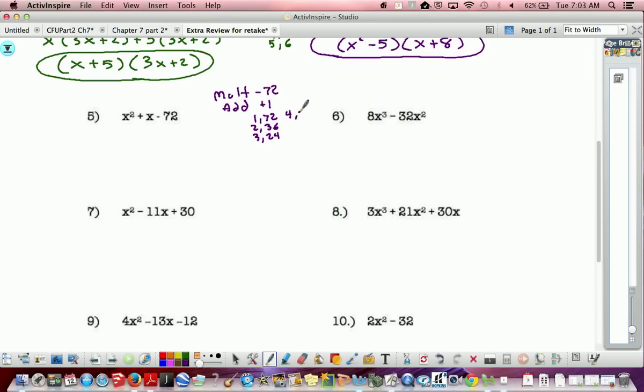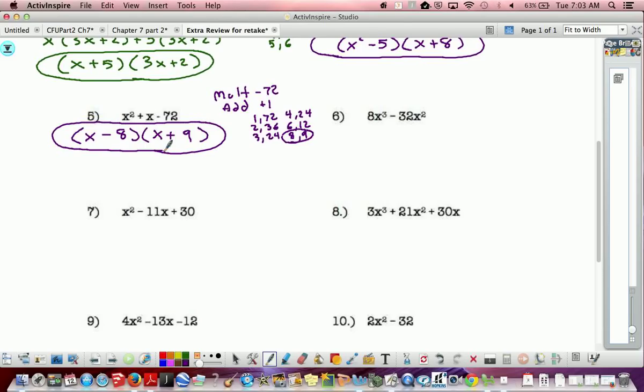You know, I can keep on going, 4 and 24, 5, 6 and 12, 7 doesn't go in there, but 8 and 9 do. Those 2 are only 1 apart from each other. So I know it's going to be x, x, 8, and 9. Now since I want a positive 1, the 9 has to be positive, the 8 has to be negative. And we got number 5 done.